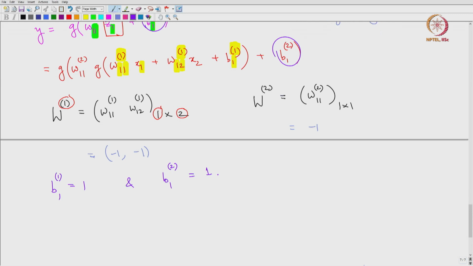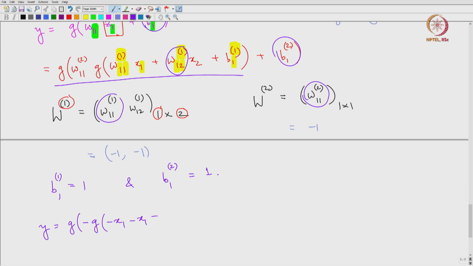Now if you plug in these values, you will be able to write that y is g of W112, that is -1, times g of W111, that is -1 as well, plus W121, that is also -1, plus the bias term B11, that is 1, and then you will have B12, that is also 1, okay.